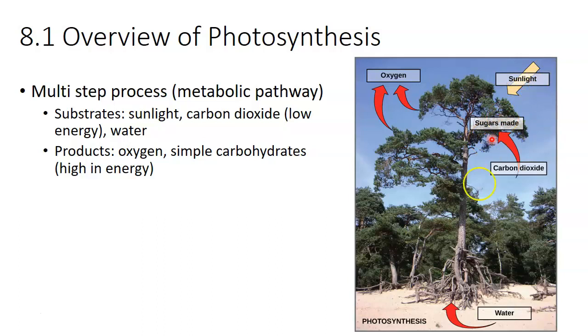How about water? Water is going to have to come in up through the roots. And so down here in the soil, we will have water as well as dissolved minerals. And those will be taken up into the roots. And the roots, after taking up that water and dissolved minerals, will then transport those substances, in this case up the plant, to the leaves, where photosynthesis will take place.